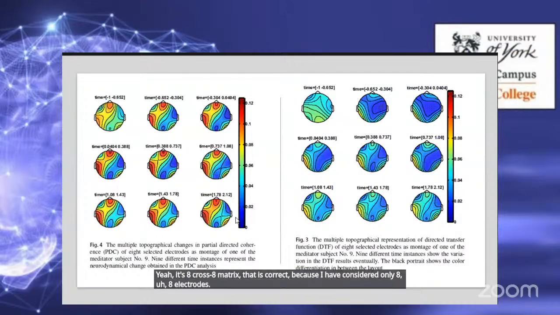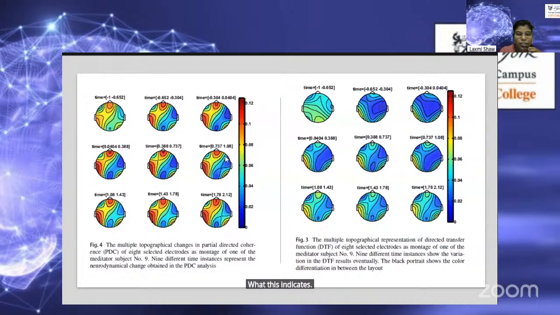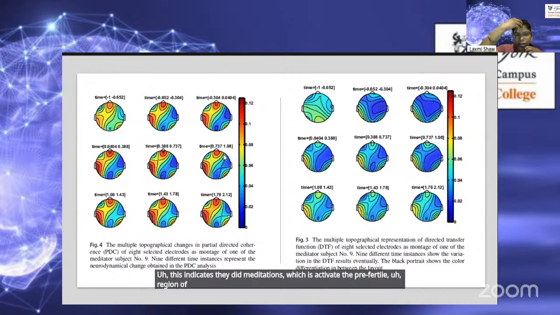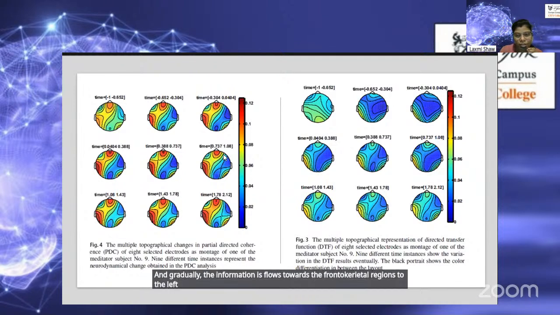Okay. So in the area that I see red, for example in the prefrontal cortex, what does this indicate? This indicates the deep meditation, which activates the prefrontal region of the brain, and gradually the information flows towards the frontoparietal regions to the left temporal regions.